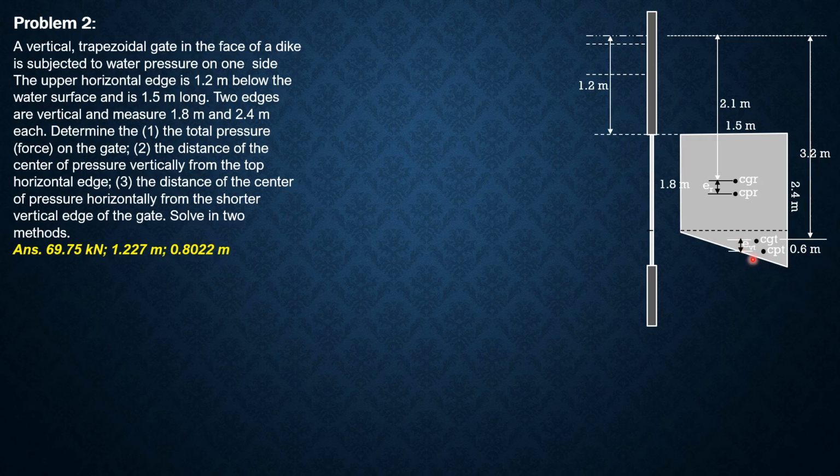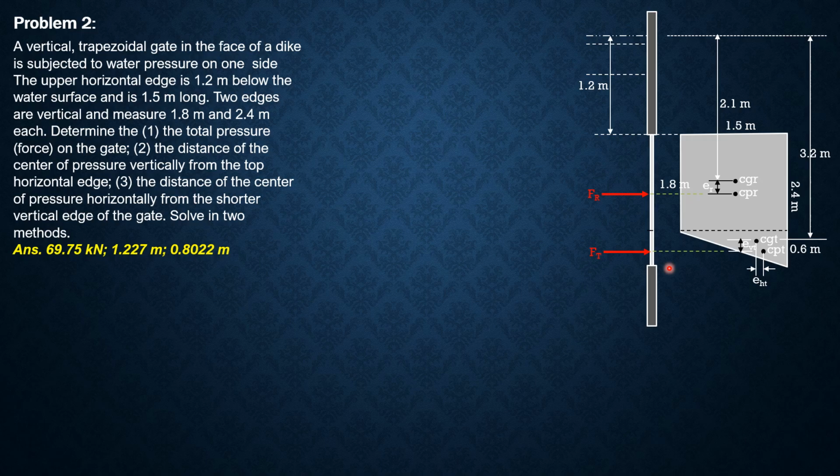This is e vertical for the triangle, and the horizontal distance, let's call that e horizontal for the triangle. This is where F of the rectangle, F_R, acts, through the center of pressure, so that its distance from the left is 0.75, half of 1.5.